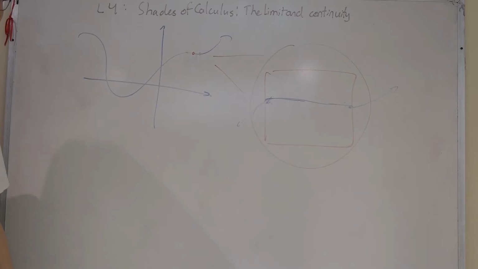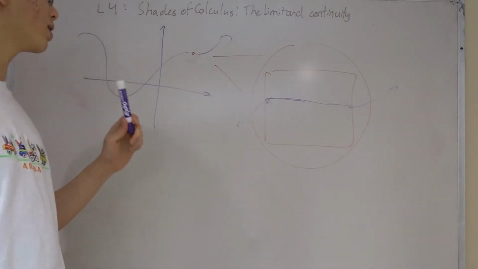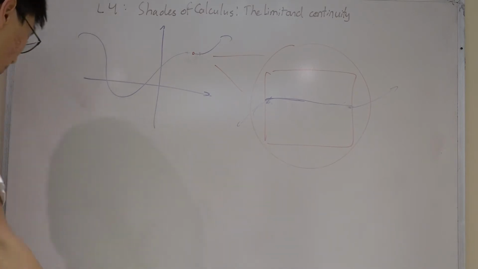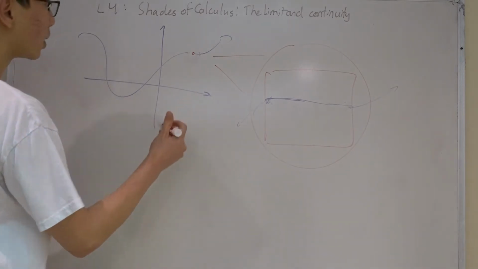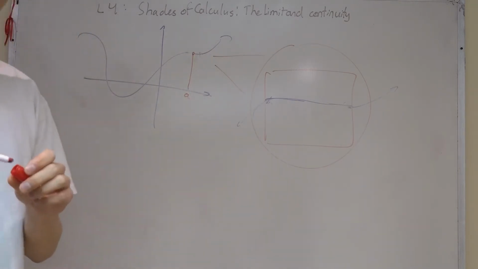And that is a limit. A limit is a way of making a very good educated guess at what your function does as it approaches a point. So to make this more precise, suppose I centered my box at this point A, right?